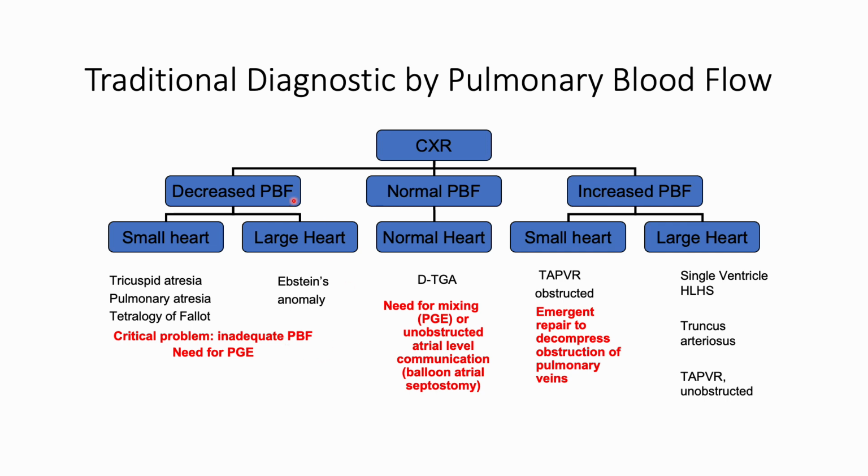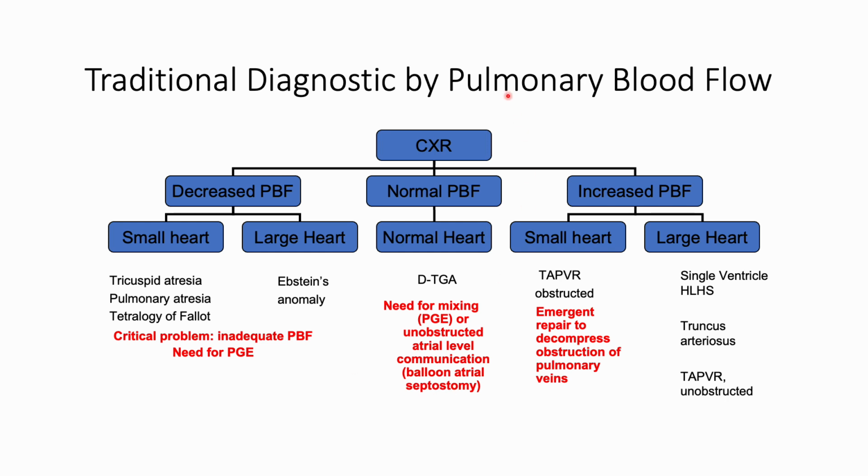And then the example of decreased pulmonary blood flow with a large heart would be something like Epstein's anomaly, where the right atrium is so big that it leads to an enlarged silhouette of the heart on the chest x-ray. And the problem here is there's inadequate pulmonary blood flow. That's why the need for prostaglandins.